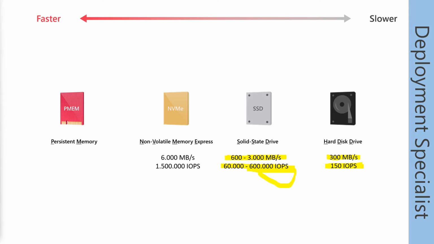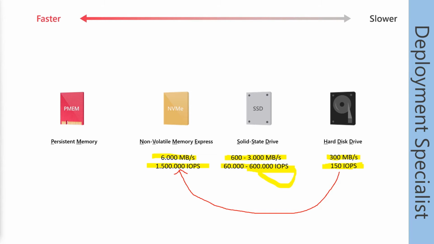The non-volatile memory express NVMe drives have more throughput and more IOPS. It's amazing when you look at this here, what's the factor between hard disk drives and NVMe regarding the IOPS.